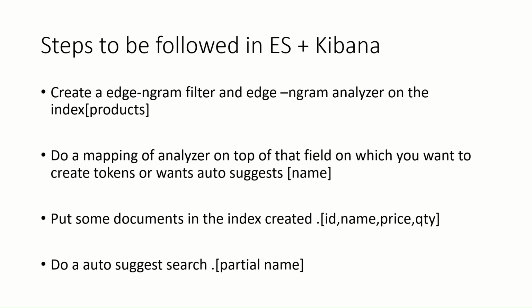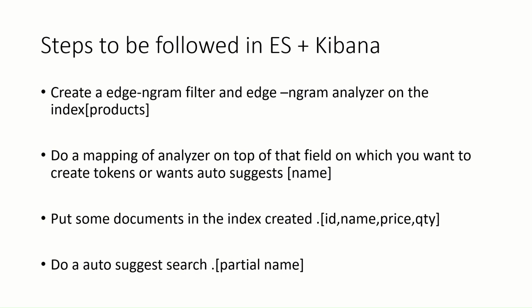So first of all we'll create an edge n-gram filter and edge n-gram analyzer on our index, which is products. Then we'll do a mapping of the analyzer on top of the field on which you want to create a token or want to do auto suggest. So let's say you want to do auto suggest search based upon the product name. So you have to do a mapping of the analyzer on the name.